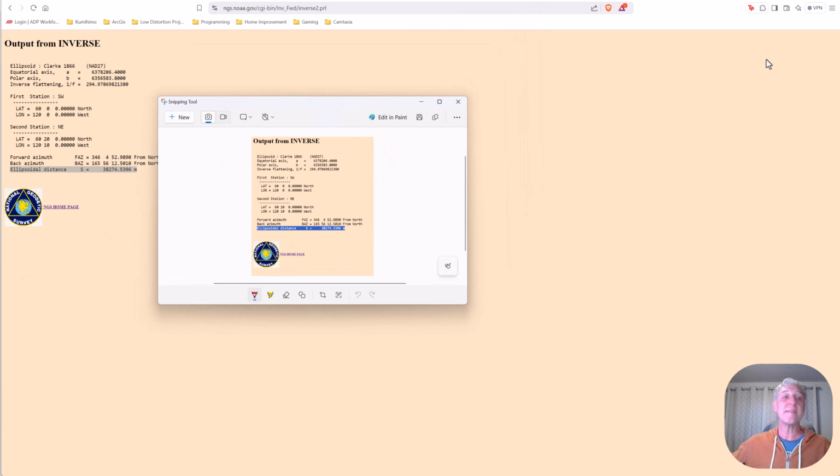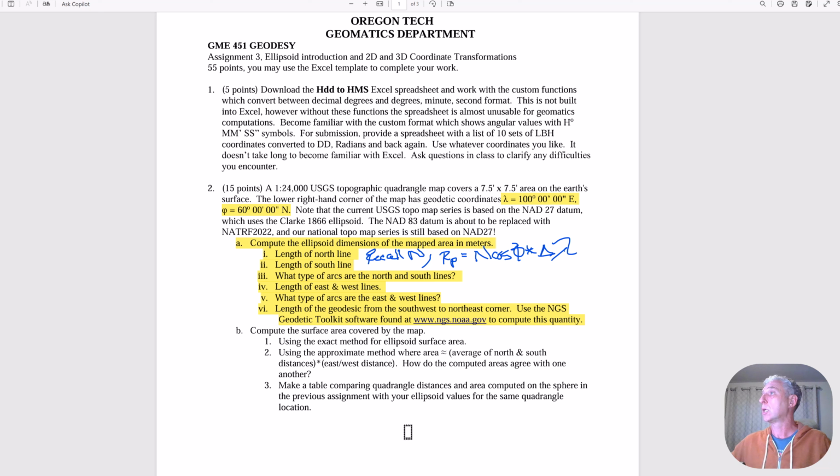Then you can save that image and paste it right into your Excel spreadsheet as a reference. And then you can, of course, type out the ellipsoidal distance in your solution portion. So that's the NGS tool for calculating ellipsoid distance.